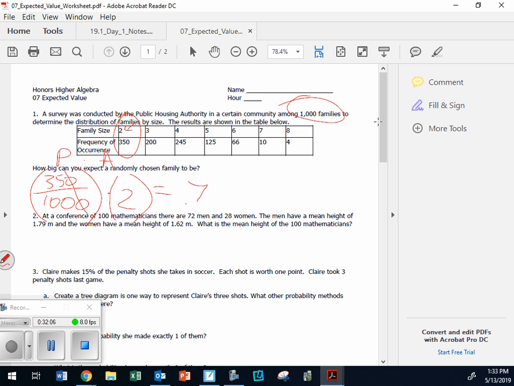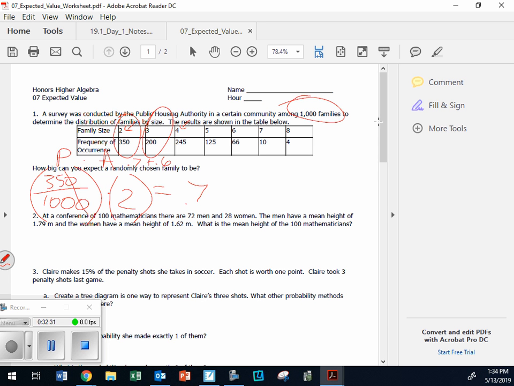That one's 0.7. This one is 3 out of 1,000. Sorry, 200 out of 1,000. Cancel off a couple zeros. 2/10, that's 0.2 times 3 is 0.6. That was the P times the A. And now I'm starting to add them up. 0.7 plus 0.6 plus this one. 4 out of 1,000.